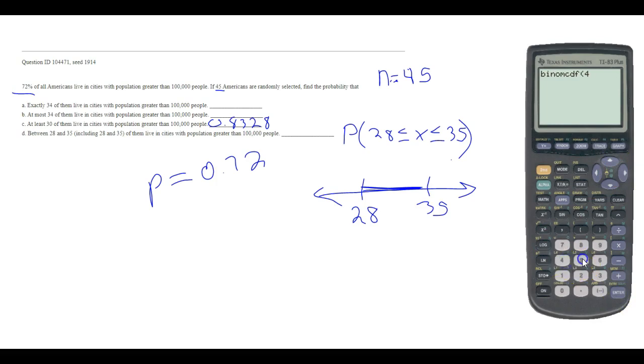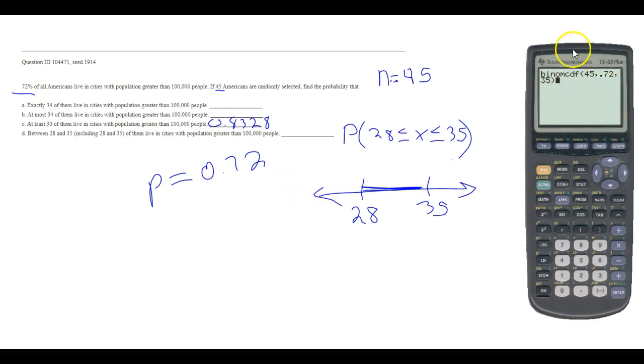The 45 hasn't changed. It's still 45 Americans selected. That's my sample. The probability is still 0.72. Now, if I put in 35, and it says including, so I would want to use 35 there. That's going to give me everything less, all the way to 0, which is part of what I want.